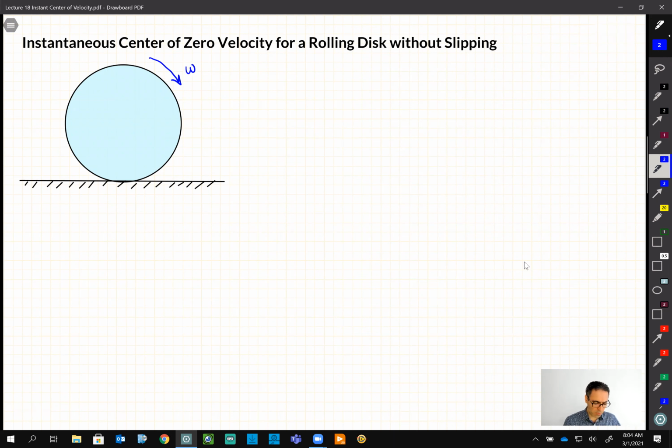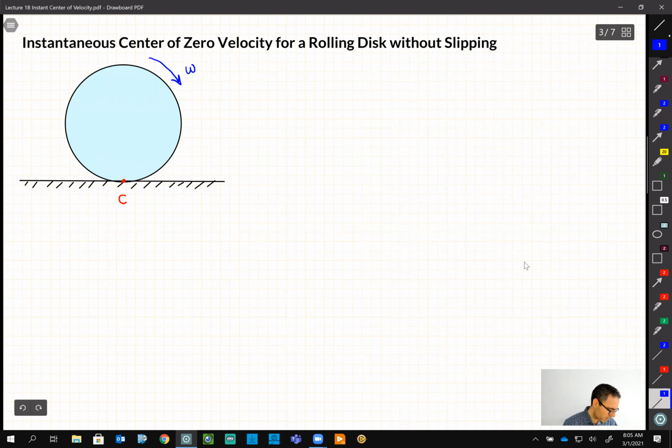Okay, so what can we say about this disk? I want you to focus on the point of contact, let's call it point C, C standing for contact. And obviously we know that if I draw a perpendicular line from this point C, it's going to pass through the center, right? So that's something that we know for sure. And let's call the center O. So what do we know about point C?